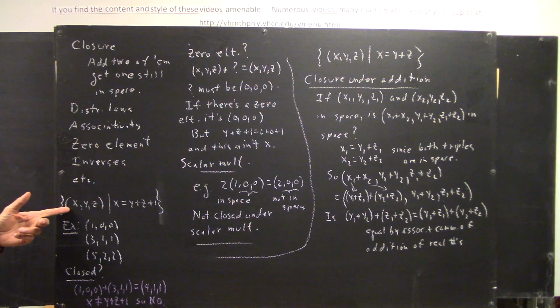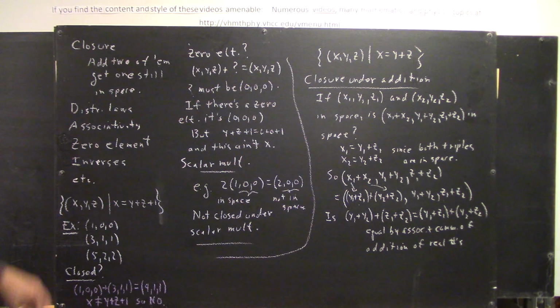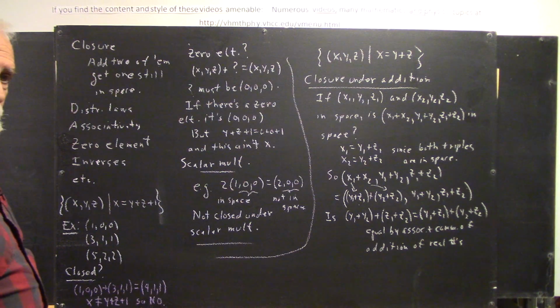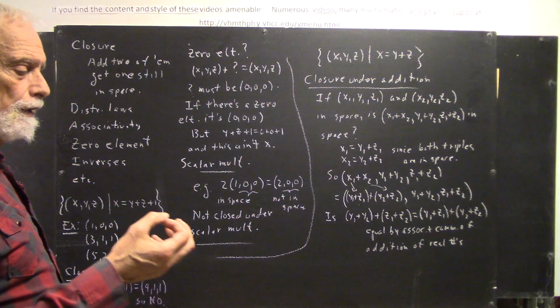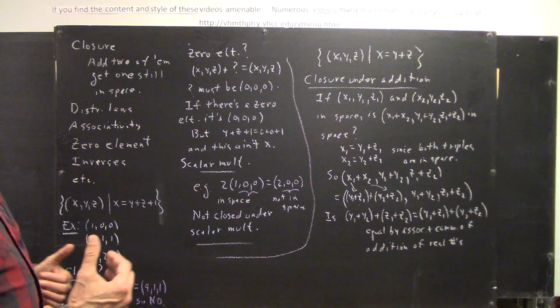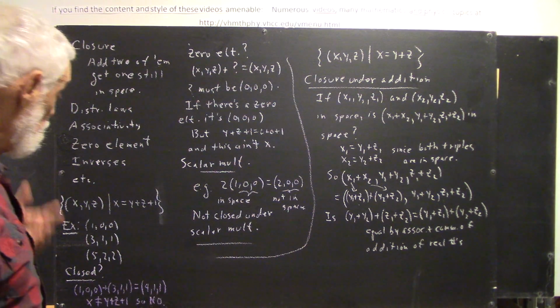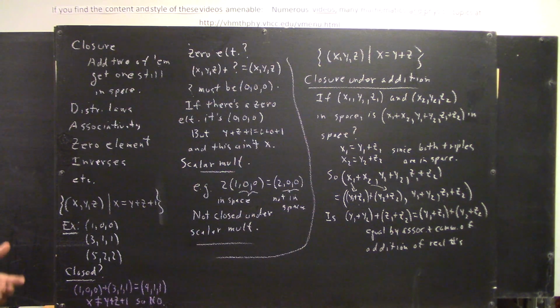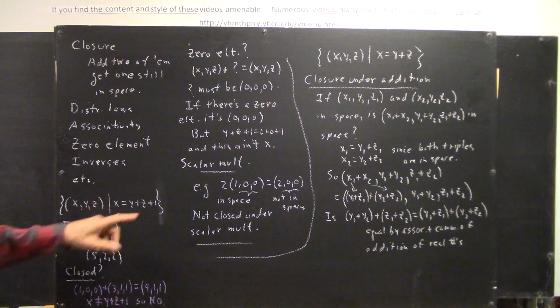The operation here will implicitly be addition, and the set of scalars will implicitly be the real numbers. Unless we say differently, we're going to use addition and real numbers for the operation and the set of scalars. Okay, so we have this set.